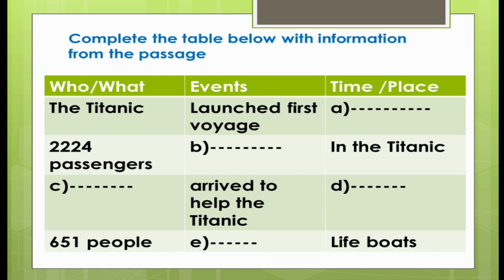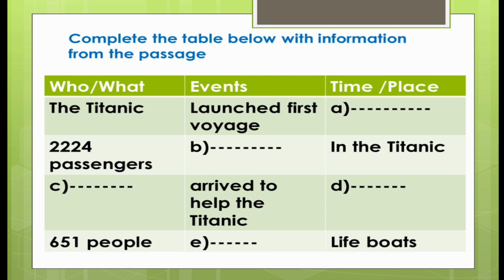You have to mention time or place. B, 2,224 passengers dash in the Titanic. C dash, arrived to help the Titanic. You have to write D, time or place. Number 5, 1,651 people dash lifeboats.